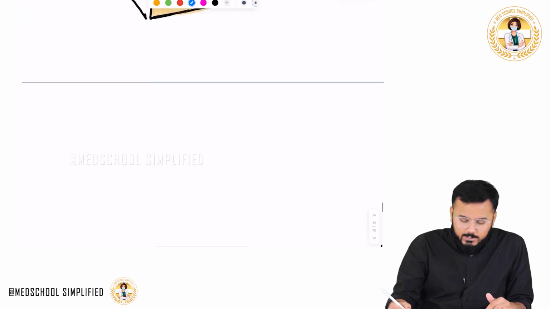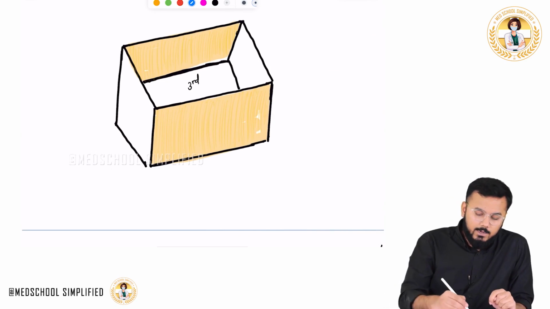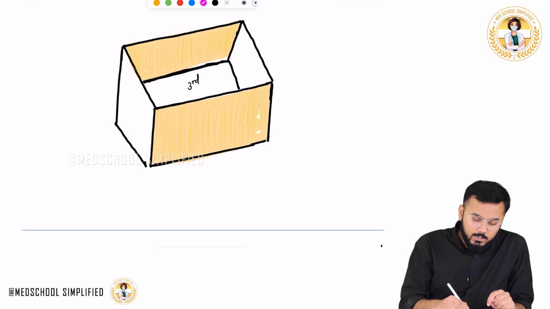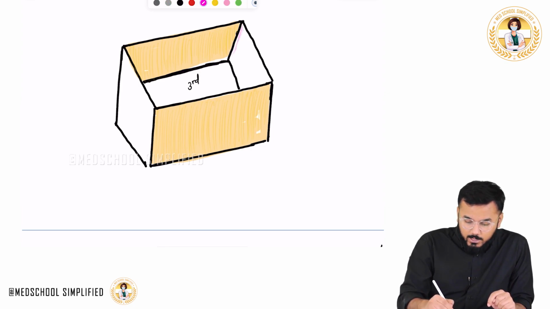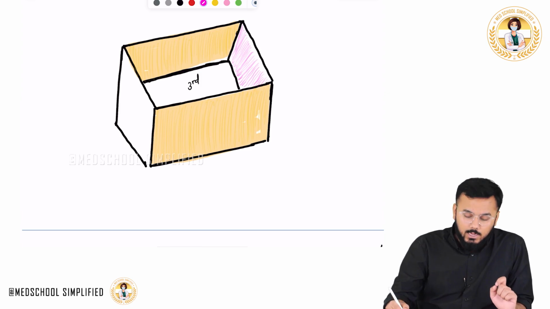Let us look at the same picture over here. Where is your linea terminalis? All of you just concentrate. See this particular wall which I am drawing right now. I hope all of you can look at this wall. This particular wall is nothing but your linea terminalis.